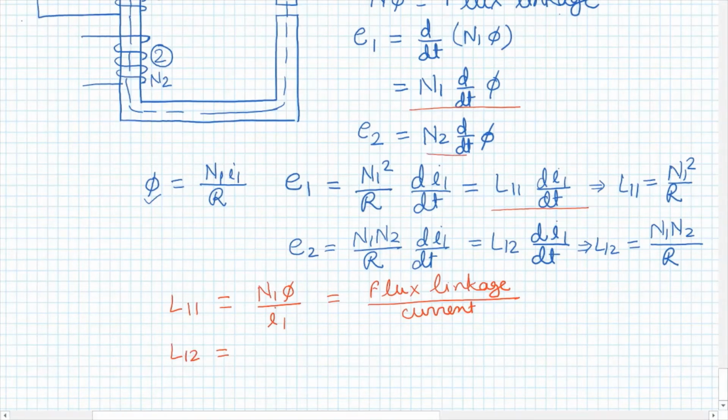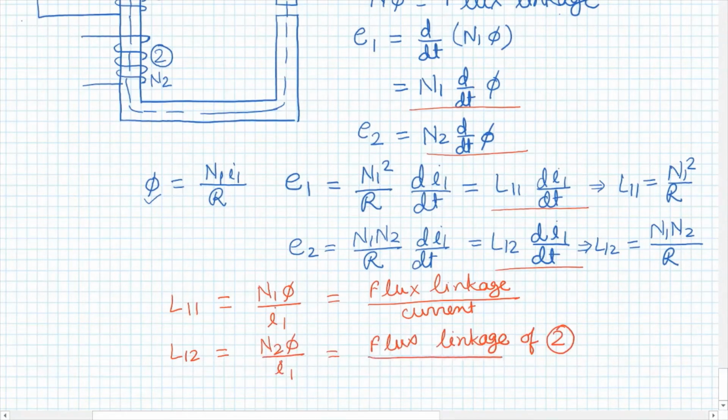Similarly, L12 is N2 phi divided by I1, that is the flux linkage of coil 2 per unit current in coil 1. Here we are talking about flux linking a coil because of the current in another coil.